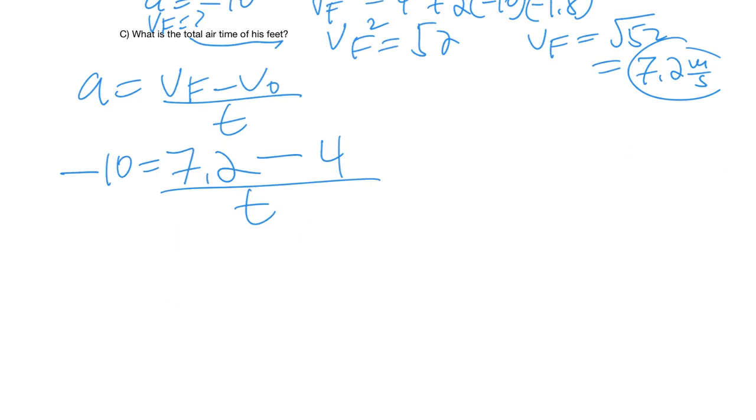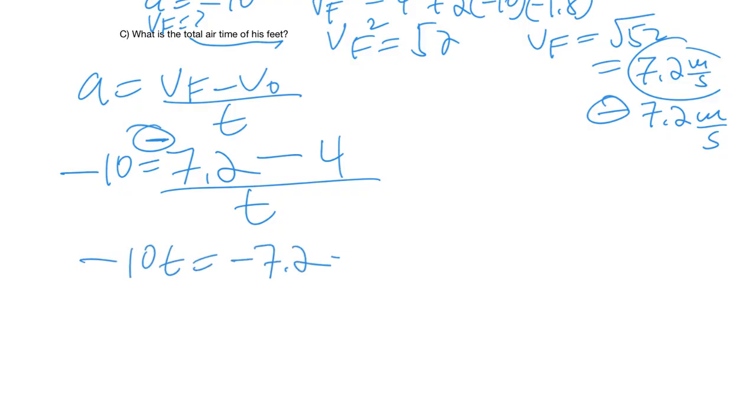Be careful, because this is negative 7.2. The speed is 7.2 when it hits the water, but the velocity is really negative 7.2 because it's going downwards. Velocity is a vector. So negative 10t equals negative 7.2 minus 4.